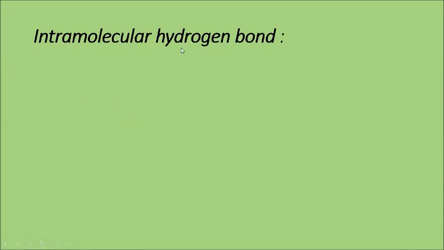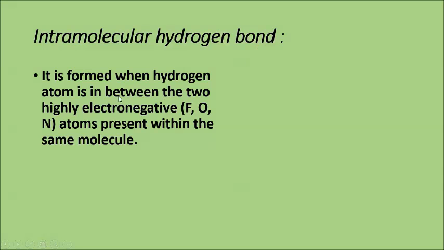When we take intramolecular hydrogen bonding, it is formed when the hydrogen atom is in between two highly electronegative atoms present within the same molecule. That means the same molecule has the hydrogen and it is situated between two electronegative atoms. Then we can have a hydrogen bond between the electronegative atom and hydrogen, so there forms the intramolecular hydrogen bonding.